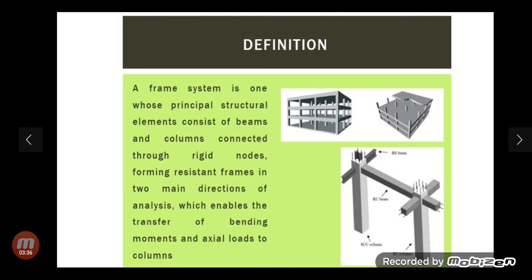So here the transferring of the load is converted to bending moments and axial loads to the column. Whatever load comes on the beam will transfer as bending moment and axial load to the column.